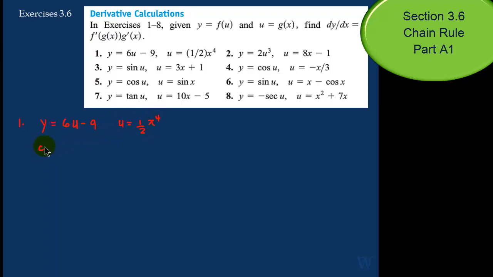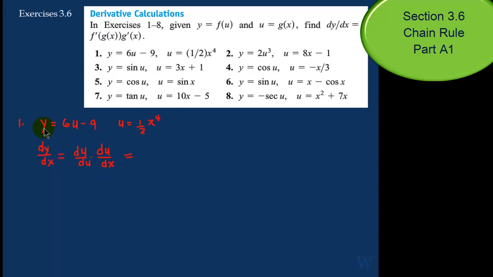What is dy by dx? It's the derivative of y with respect to u, but then we don't stop there. We multiply it by u prime. So it's the derivative of y with respect to u times the derivative of u with respect to x.